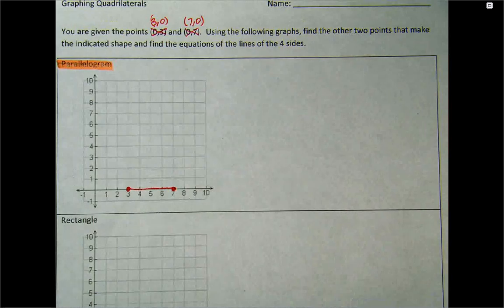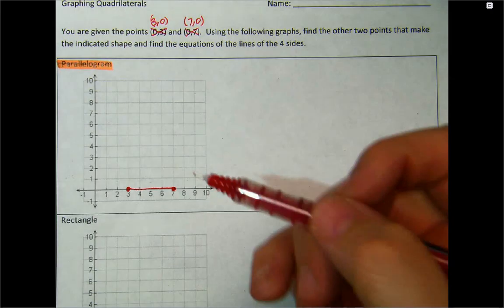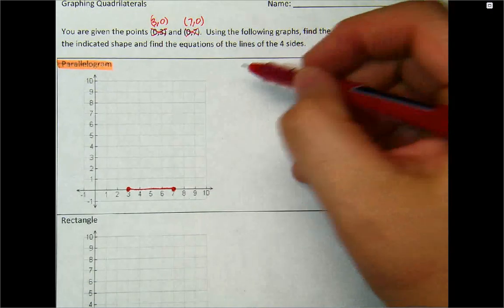And you have to use the characteristics to come up with the actual shape that we're dealing with. Now, for example, for a parallelogram, what do we know about opposite sides?